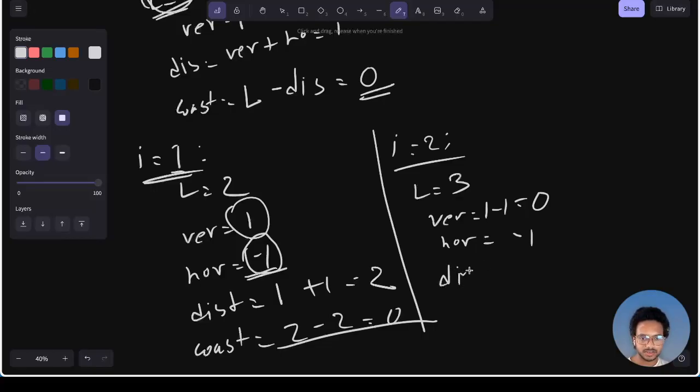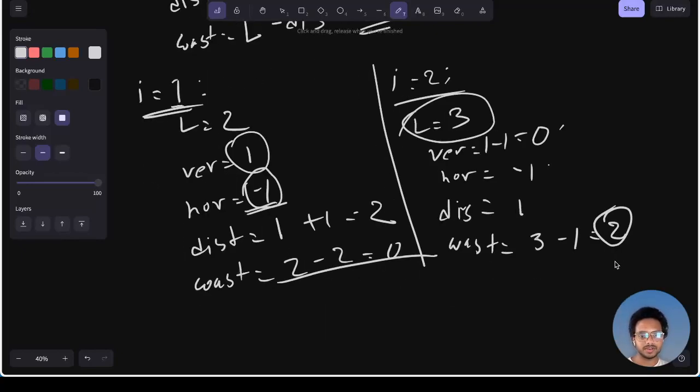So the current distance I found is 0 plus 1, which is 1, but the length should be 3, right? So our waste is 3 minus 1, equal to 2. I found I am wasting 2 distance. If I is 2, I should go 3 distance, but I am only going 1 distance. I hope you got it.